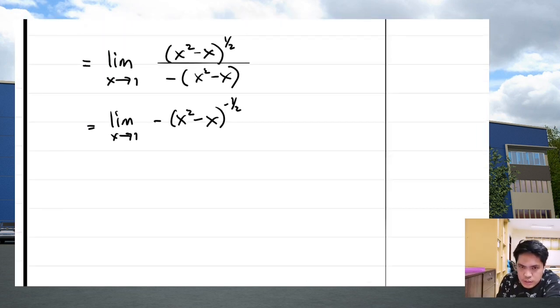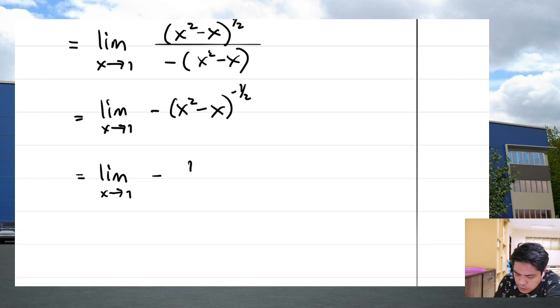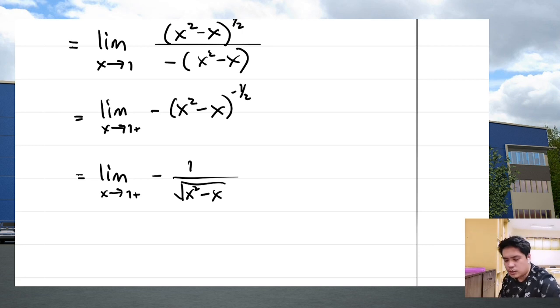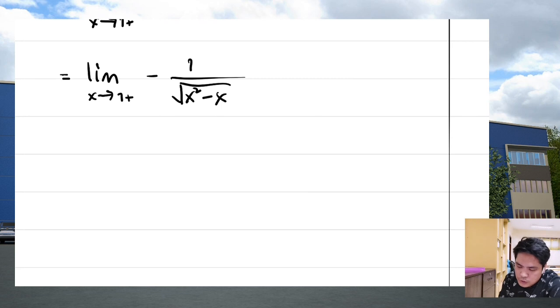Okay? So we have that. So that would be equal to the limit of, ano nang pwedeng gawin dito? As x approaches to 1, pwede natin isulat siya as 1 over square root of x squared minus x. Okay? Okay, from the right pala. From the right. Okay. So, how do we now evaluate this? Kasi if mag-substitute na tayo, this becomes square root of 0, or this is 0, 1 over 0, that's infinity.